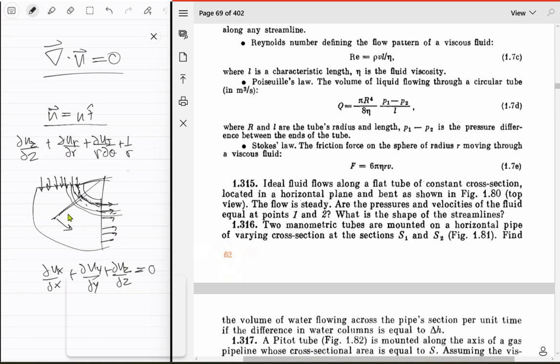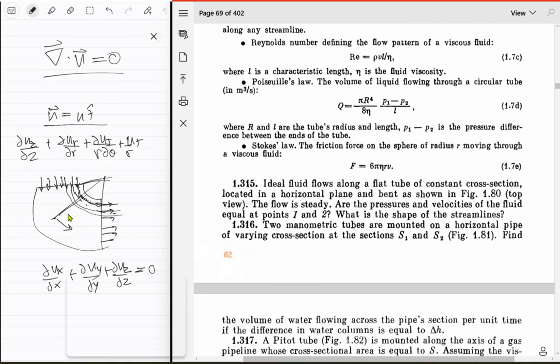Was it ut upon, I think, yeah, that was the thing. The theta hat vector, and the derivative of the theta hat vector is what you had to do. So that's why you got that, right? So it was this thing, I think. Ut upon r. Was that the thing or not? Maybe it was ur upon r. Oh god, I just don't remember it.